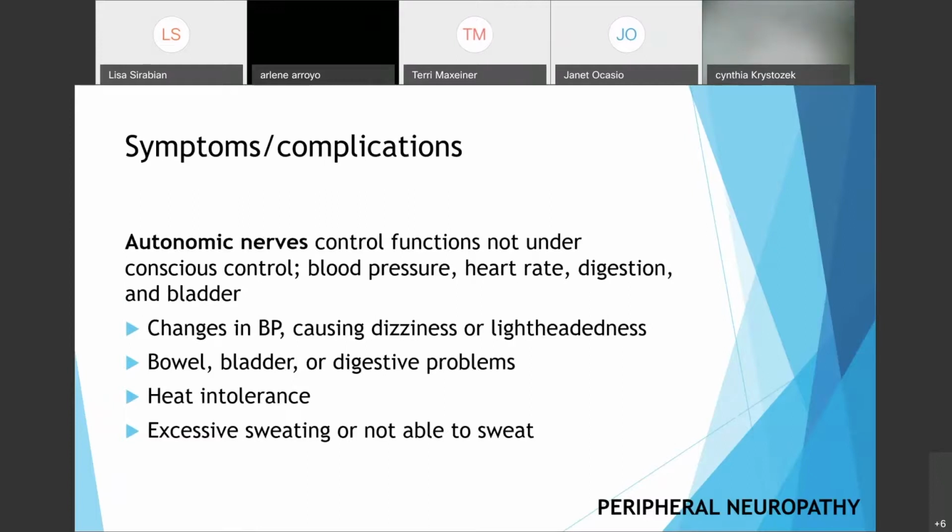So this controls functions that are not under conscious control. So things like blood pressure, heart rate, digestion, and bladder. So what are we going to see? Of course, changes in the blood pressure, dizziness, lightheadedness, bowel, bladder, and digestive problems, heat intolerance, excessive sweating, or not being able to sweat. Autonomic.